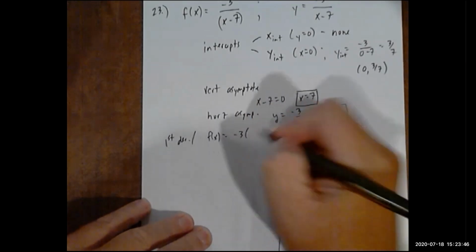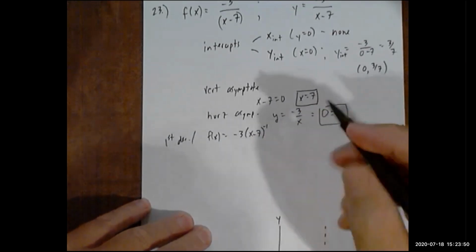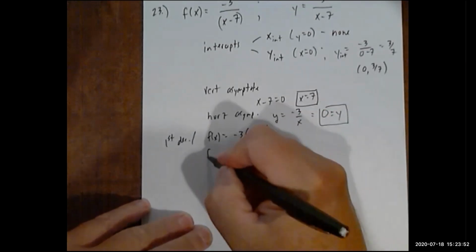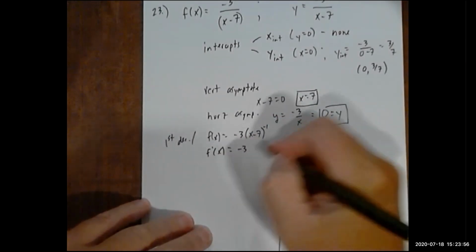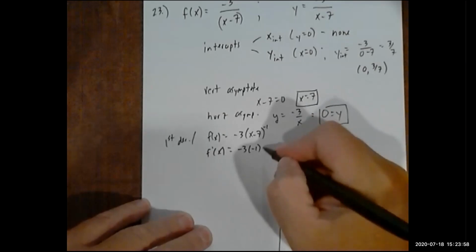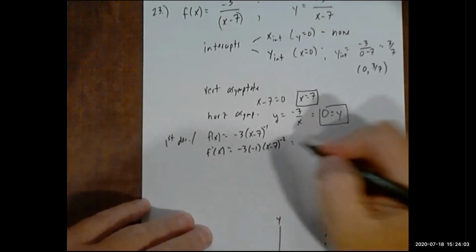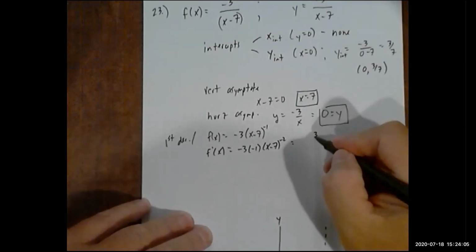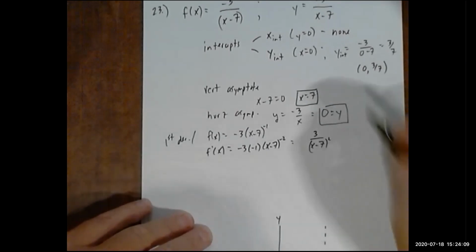So if I take the derivative, it's minus 3 times minus 1 times (x minus 7) to the minus 2. Basically 3 over (x minus 7) squared.